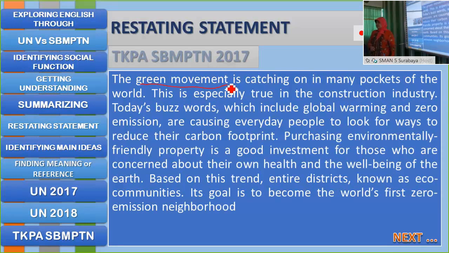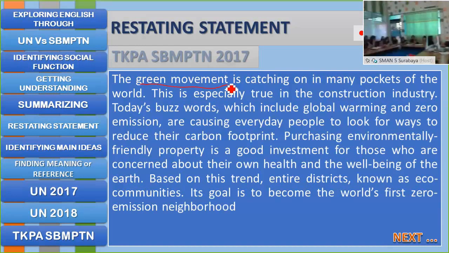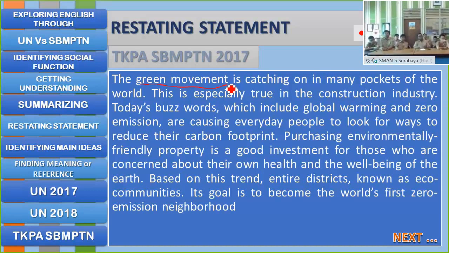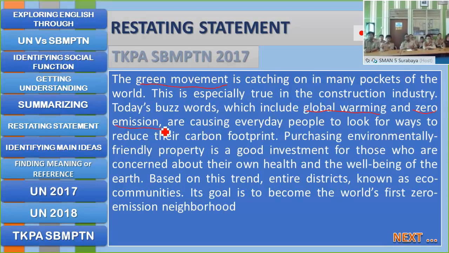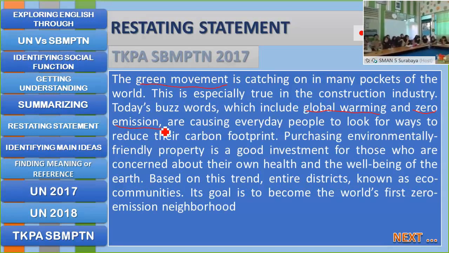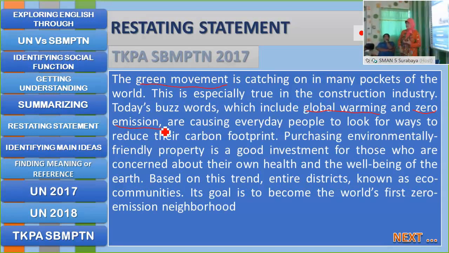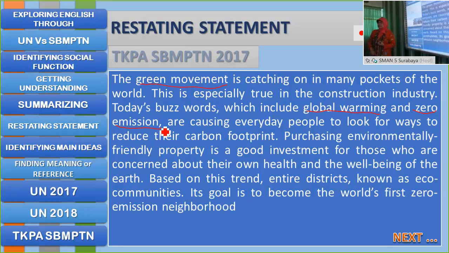People or human beings try to save the environment. It's about global warming and zero emission. Zero emission means it is the time for people to reduce the emission, meaning people are supposed to use less.